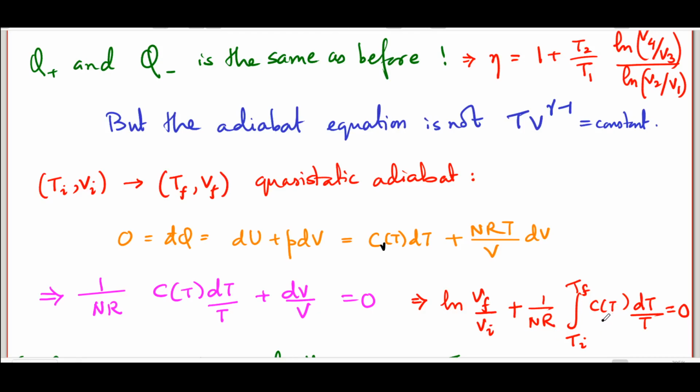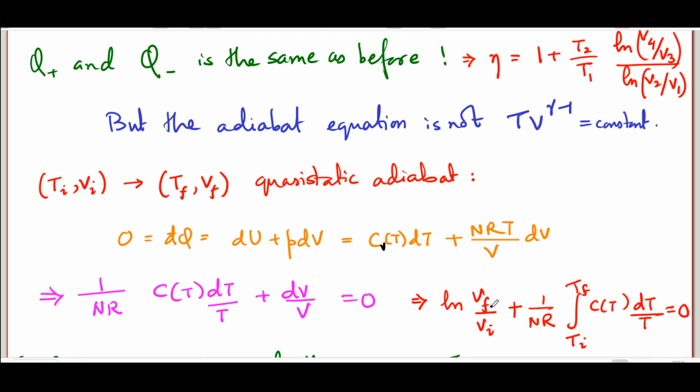But in principle, the moment you know C of T, this is an integral that you can carry out. Of course, here we only have the limits of T, Ti and Tf, simply because V doesn't even appear anywhere in this integrand. On the other hand, dV by V integrates, of course, to log of Vf by Vi.